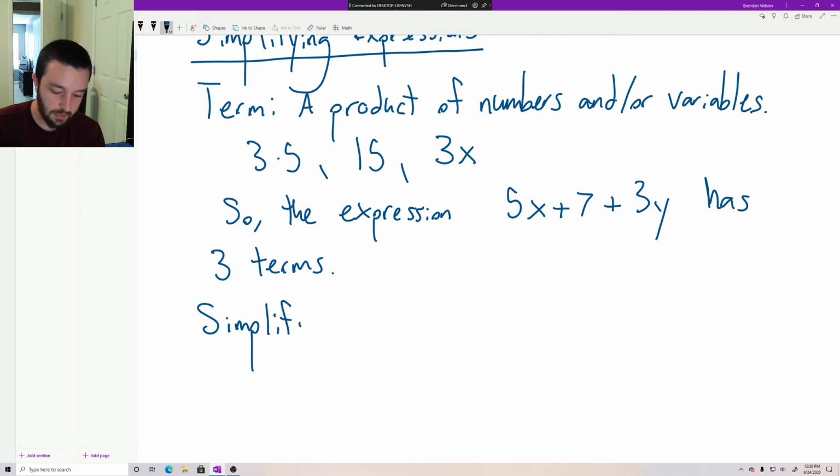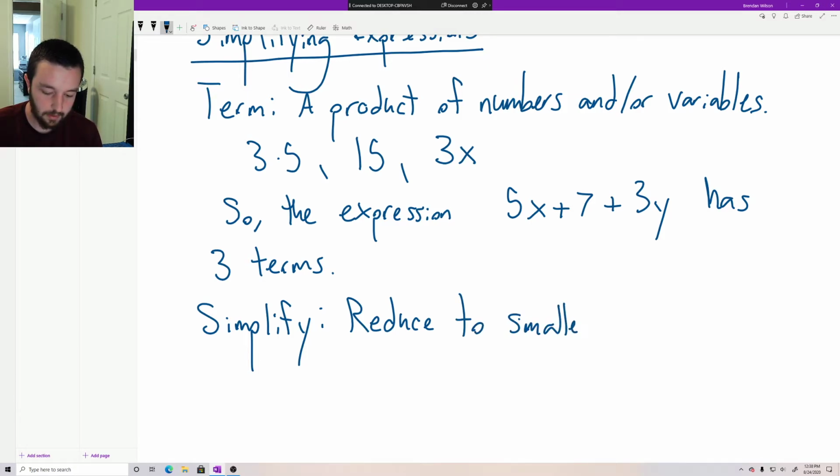So in general, when we say simplify, usually what we mean is reduce to the smallest number of terms.